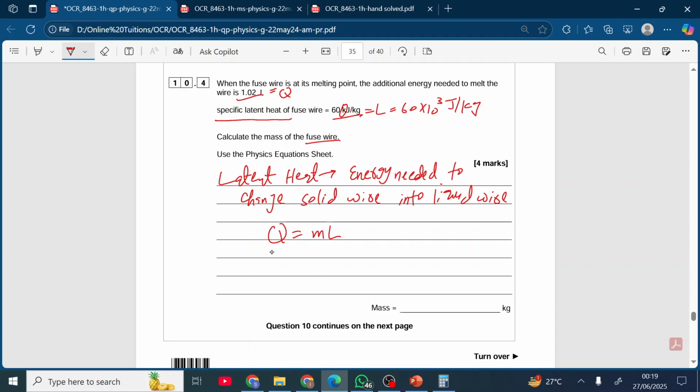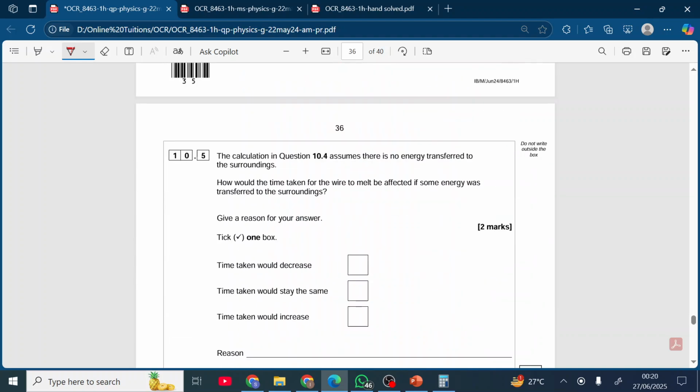So just put in the values: 1.02 equals m into 60 into 10 raised to the power 3, right? And therefore the answer is going to be 1.7 into 10 raised to the power minus 5 kg.